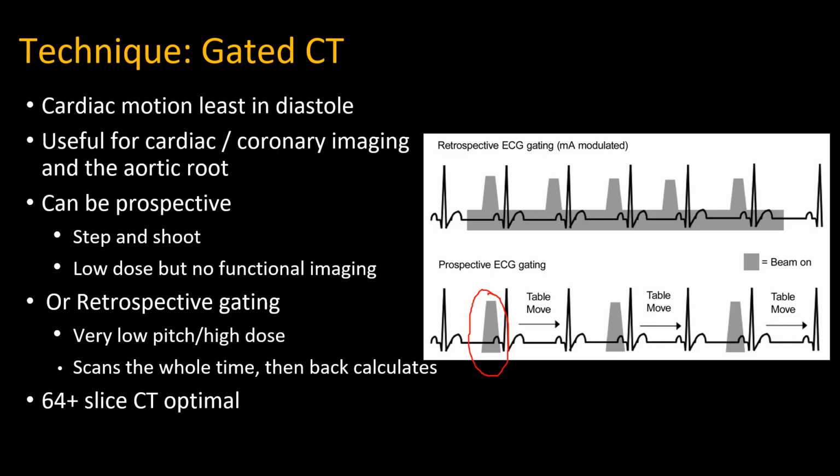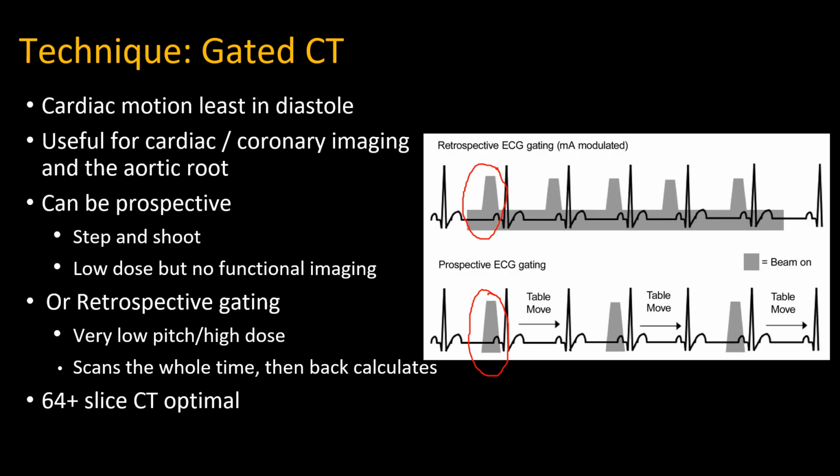Another method is retrospective gating, where the machine scans for the entire cardiac cycle, and then it back calculates when diastole was and creates images from the information acquired during that time, shown here. Retrospective gating has a very low pitch and a high dose.